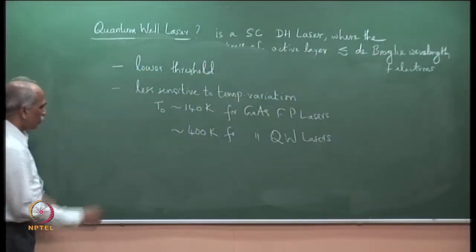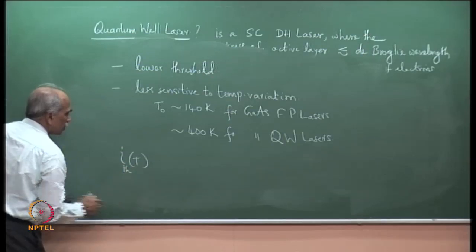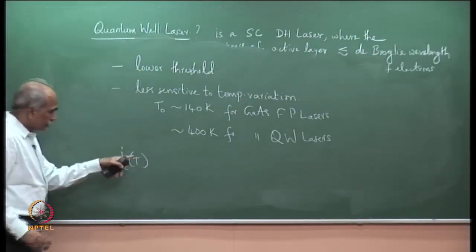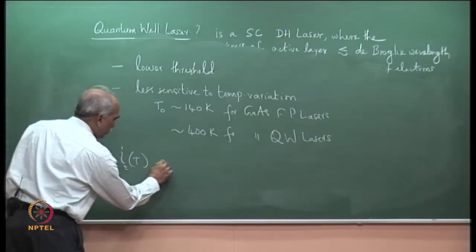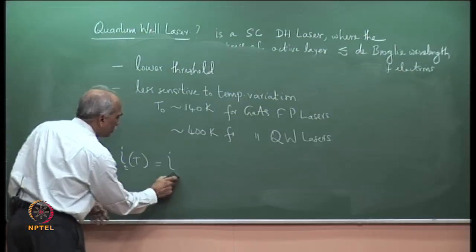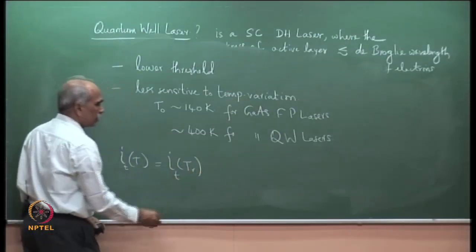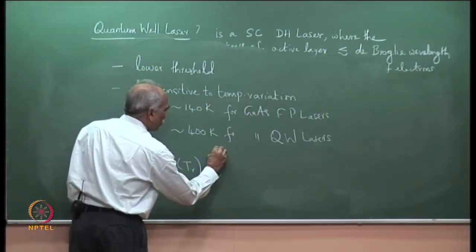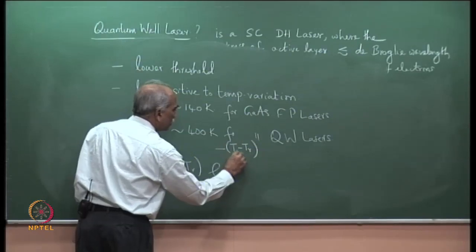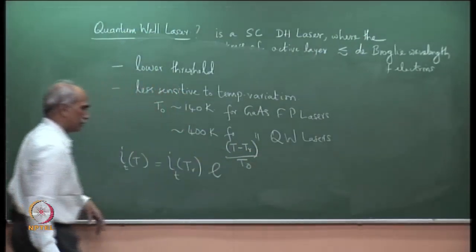What is this T_0? Recall that I_th(T), the threshold current, is equal to I_th of some reference temperature T_R, times e to the power of (T minus T_R) by T_0, not minus, plus.